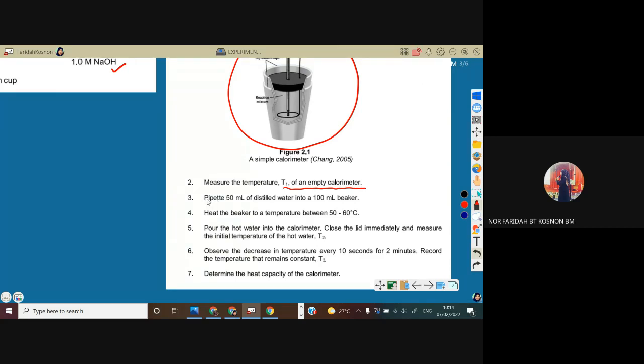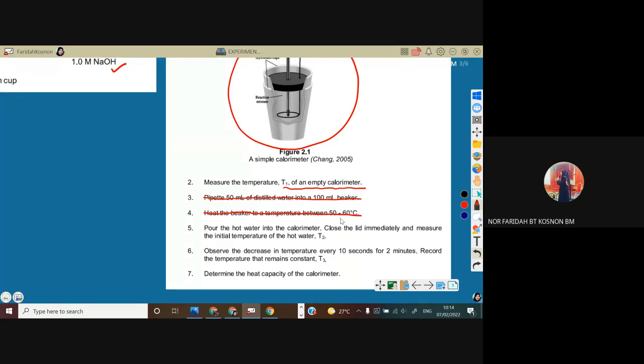Tapi di college kita ubah, kita modify step ini di mana pelajar tak perlu pipette, tak perlu panaskan air. Okay, pelajar actually provided with water bath. Water bath yang ada kat belakang tu lah. Kalau siapa tengok eksperimen 1 hari tu, kita ada guna water bath. Right? And then apa yang pelajar buat dalam video, you nampak pensyarah tu measure 50 ml distilled water, hot water by using graduated measuring cylinder.